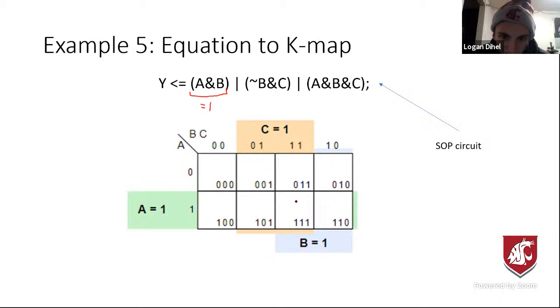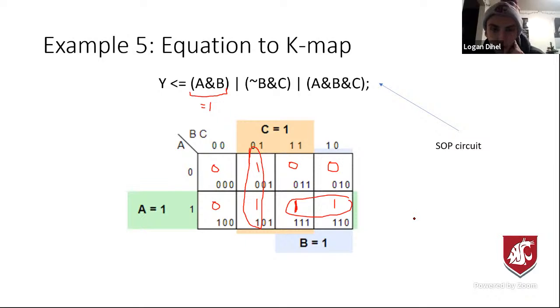They overlap right here, so that's A and B equals 1. Then for this one, not B and C. We look at the not B region ANDed with the C region, and that gives us these 2 squares. And then this last one, A, B, and C. That's this one right here, which we already had. And then zeros go everywhere else. Then, of course, you just do your normal looping, and we're done.